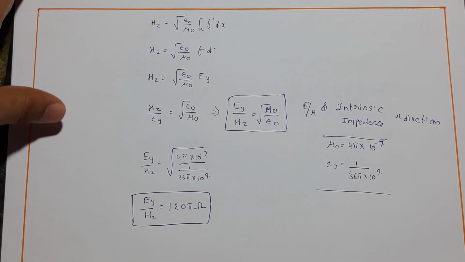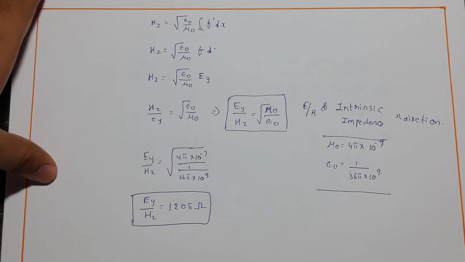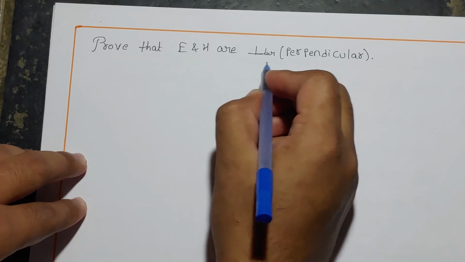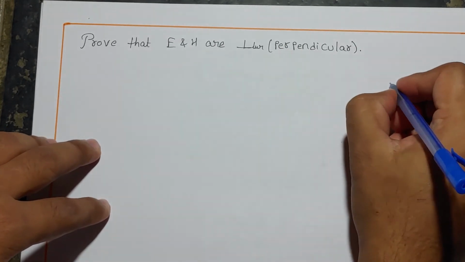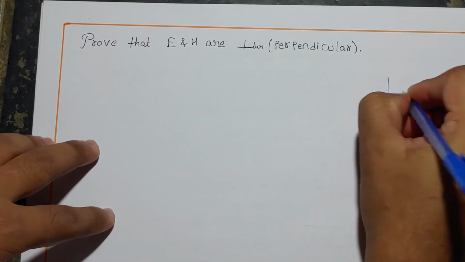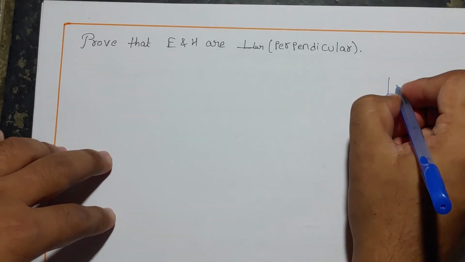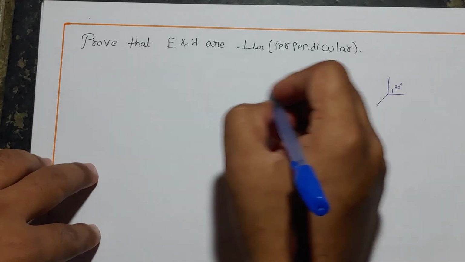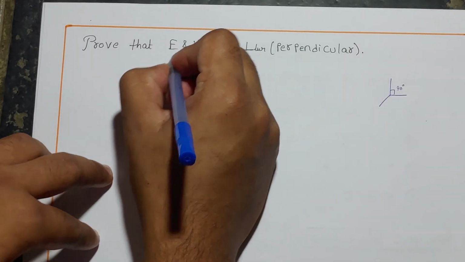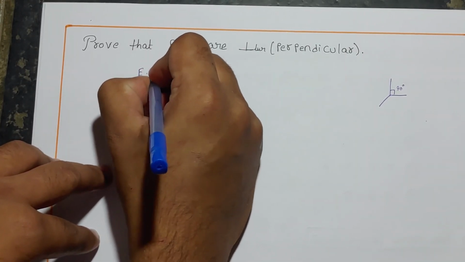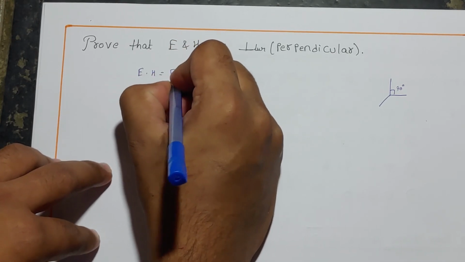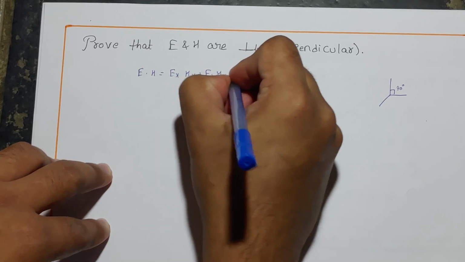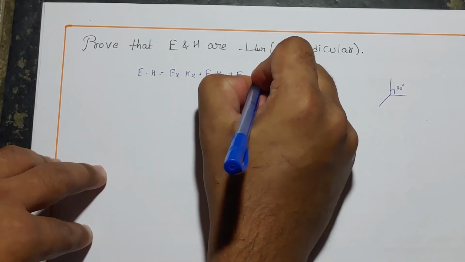Now let us find the relation between E and H. That is, prove that E and H are perpendicular to each other. We know that electric field and magnetic field would be perpendicular to each other with a 90 degrees angle. So let us prove them. Let us take E dot H, that is Ex Hx plus Ey Hy plus Ez Hz.